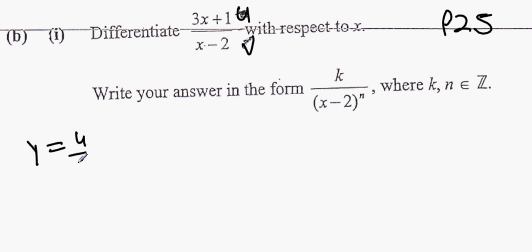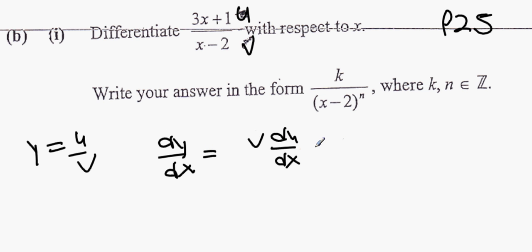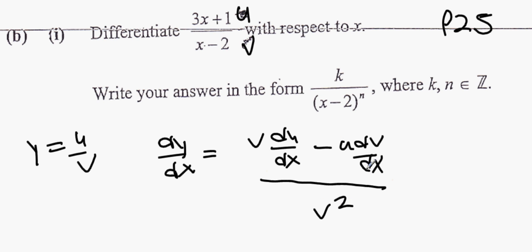It's called the quotient rule. Therefore, dy/dx must be equal to v du/dx minus u dv/dx, all over v squared. Now don't worry about write your answer in the form k divided by x minus 2 to the power of n. That's the way it's meant to look, but the bottom line is you've got to differentiate this and then worry about this part second.